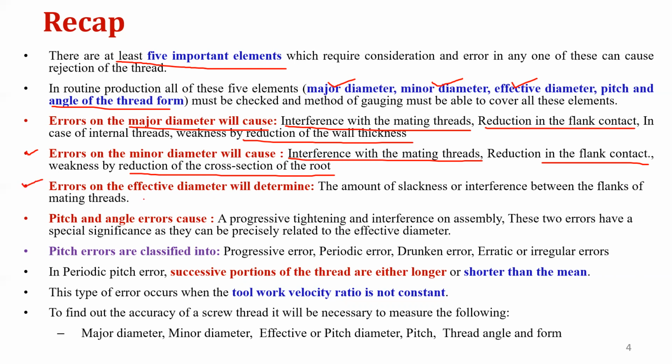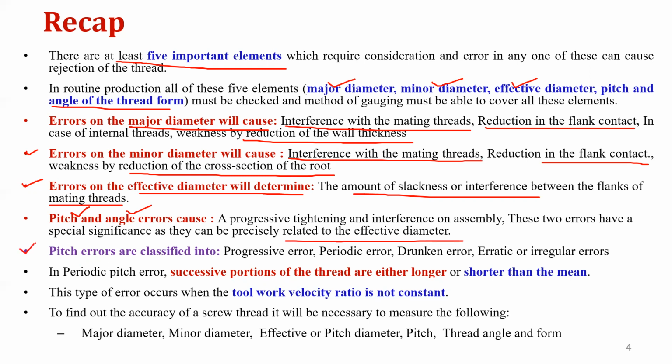And errors in the effective diameter will determine the amount of tightness or looseness or slackness or interference between the flanks of the mating threads. And pitch and angle errors cause a progressive tightening and interference on the assembly. And these pitch errors and angle errors are directly related to the effective diameter.